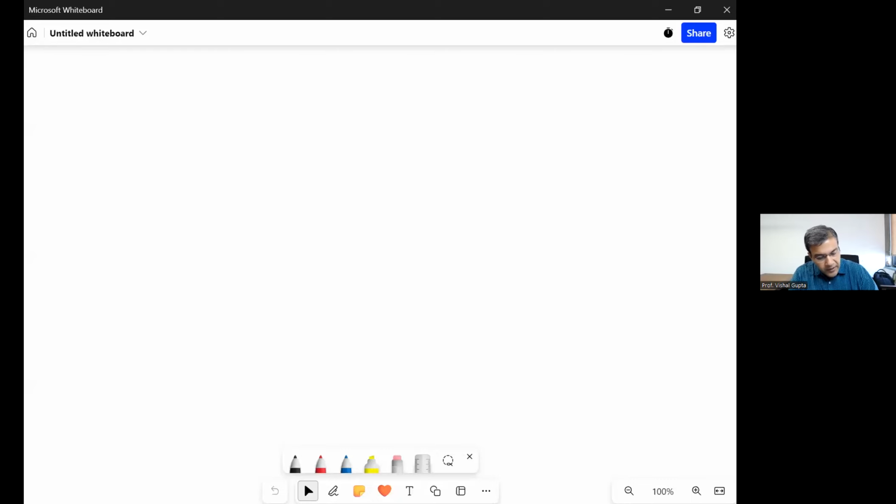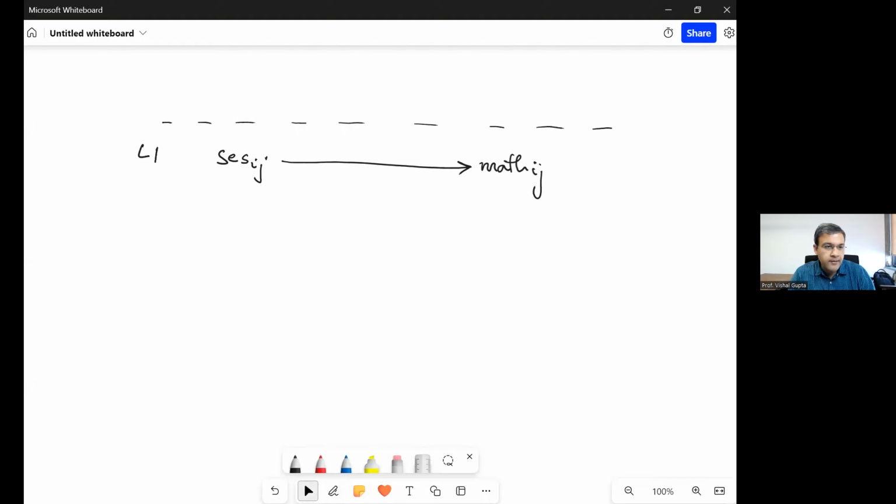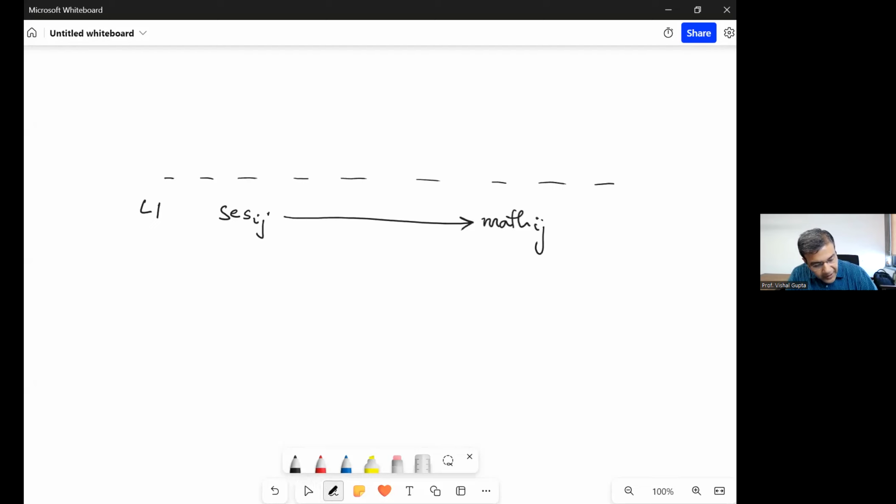I have SES ij. How will you draw it in your papers or in your research? This is my L1 level. Now at L2, I have SES mean j.